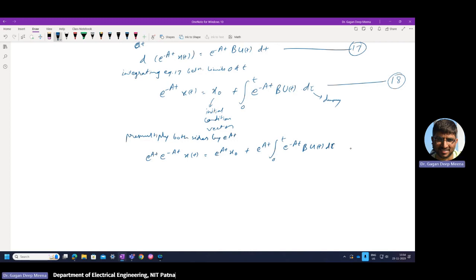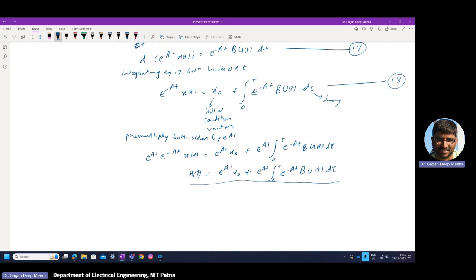Okay, so that's d tau, and this goes off. And x of t remains as e to the power at x0 plus e to the power at integral 0 to t e to the power minus a tau b u of tau d tau. And that's it. That's our solution for the non-homogeneous equation.